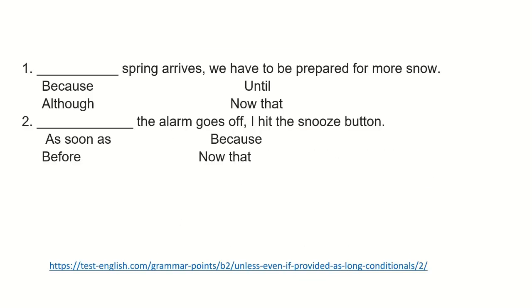Spring arrives, we have to be prepared for more snow. So it seems that spring hasn't arrived yet. We're still in the snow season. So until spring arrives, we have to be prepared for more snow. Last one: the alarm goes off, I hit the snooze button.